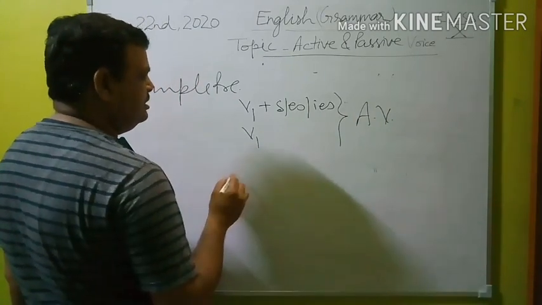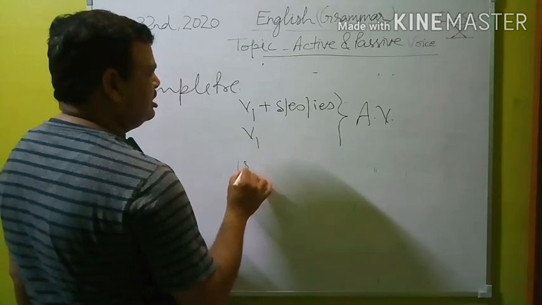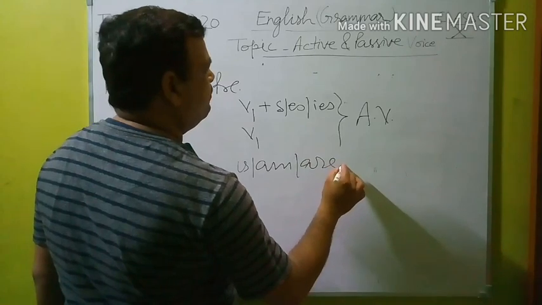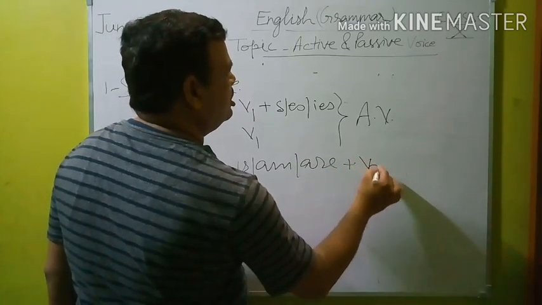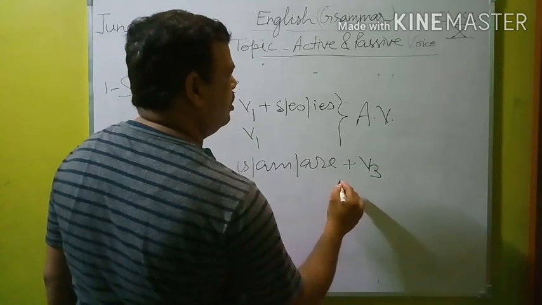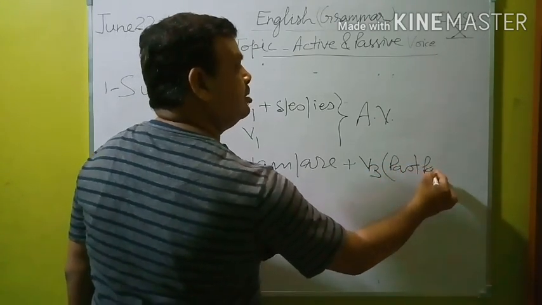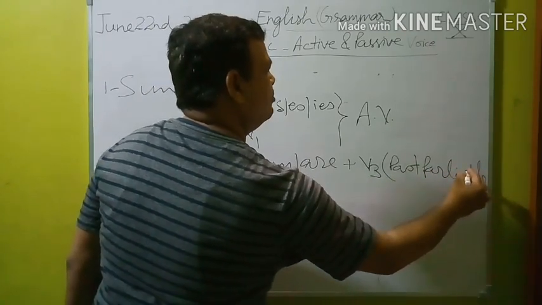Now, how does it change into passive? In passive voice is, am, are followed by V3 or third form of the verb, or past participle form of the verb.